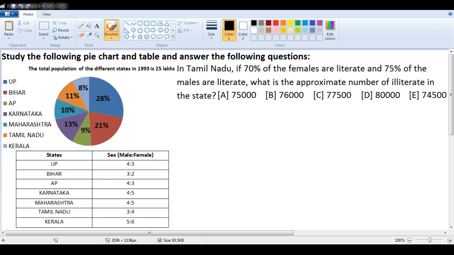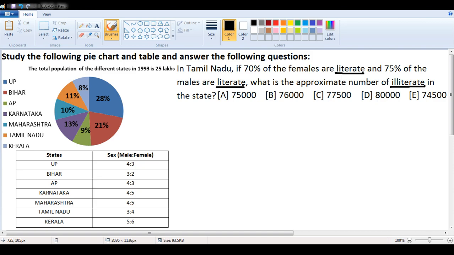In Tamil Nadu, if 70% of females are literate and 75% of males are literate, what is the approximate number of illiterate in the state? Right now, the given data is for literate, male also literate, female also literate.